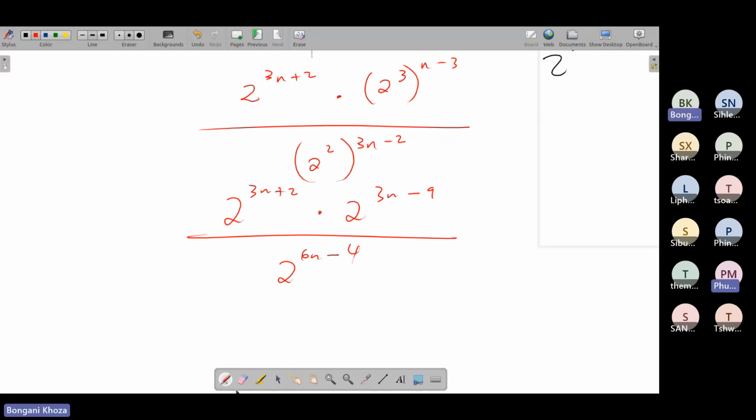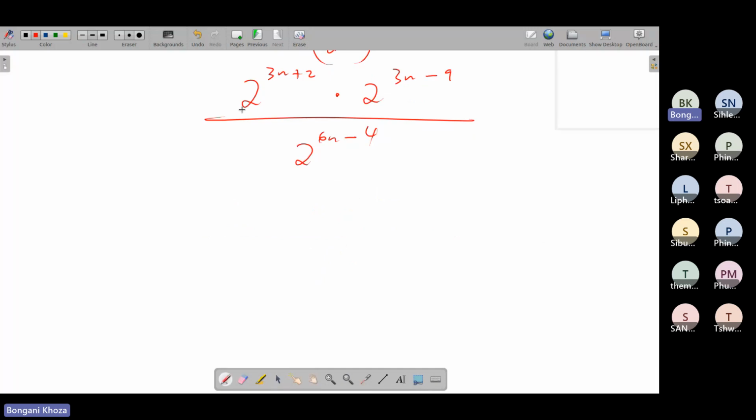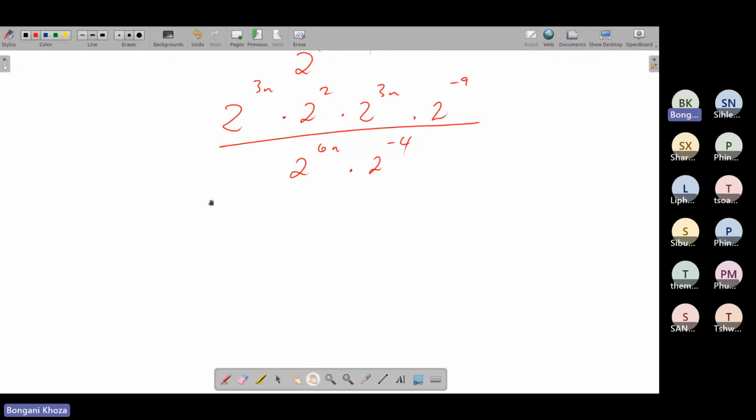Yes. All right. So from here, we apply that first law. We can break this thing down. So we are having 2 exponent 3n, 2 exponent 2, 2 exponent 3n, 2 exponent negative 9 over 2 exponent 6n, 2 exponent negative 4. So what we do from here, we don't cancel bases or something like that.